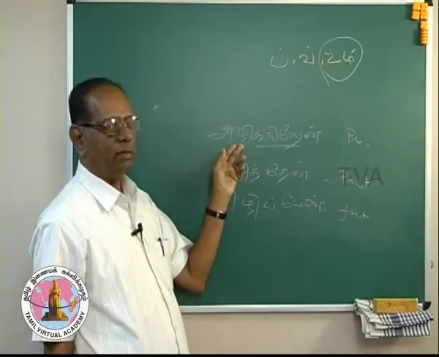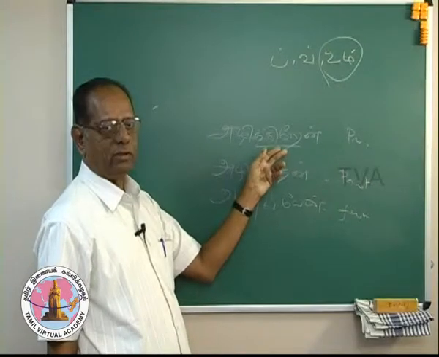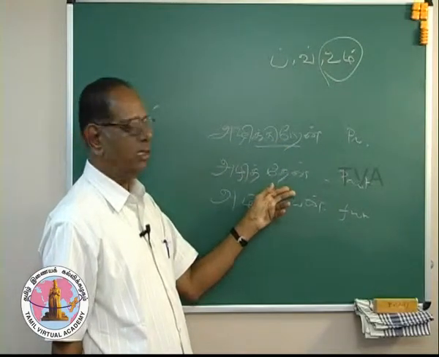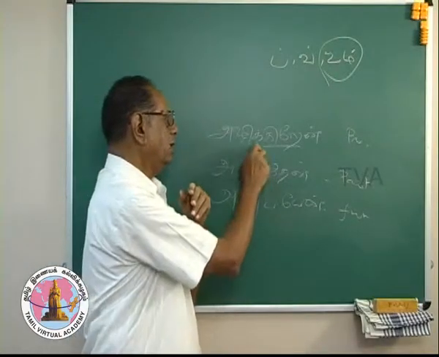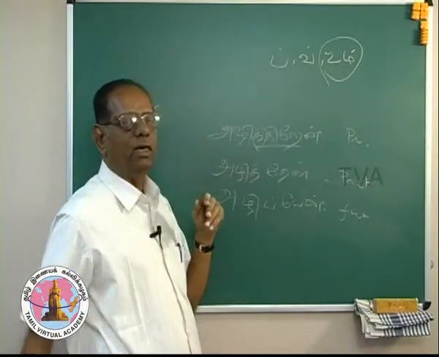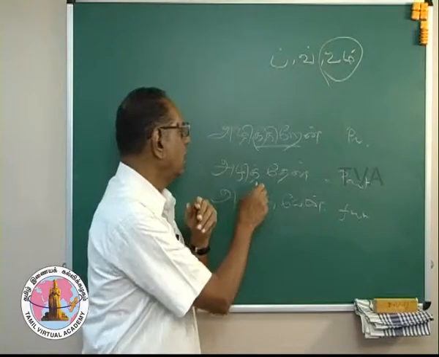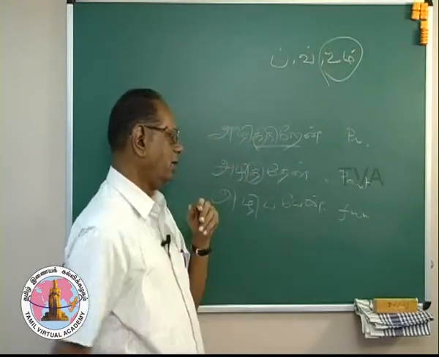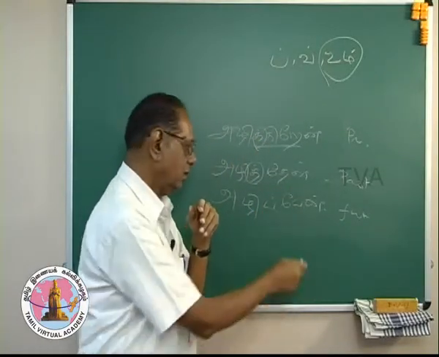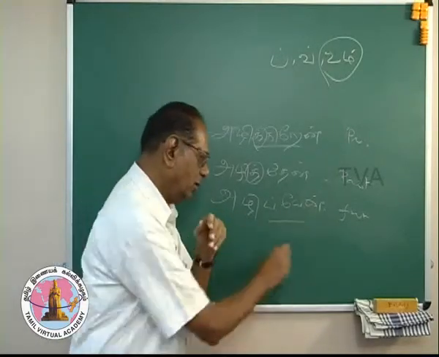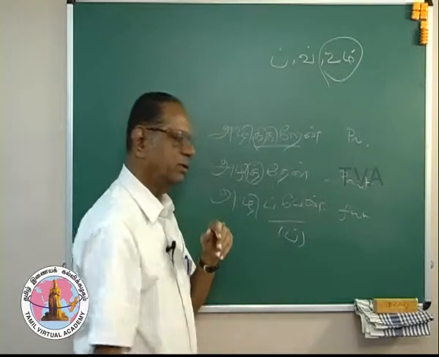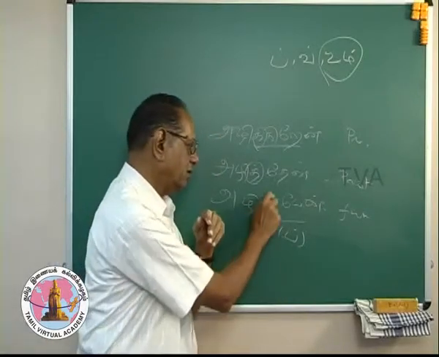The verb accepts the tense markers and undergoes some changes. Here it takes a doubling of the consonant, here again the same, and here also the same. In the future tense, what will be the tense marker? Pa, and that pa gets doubled.